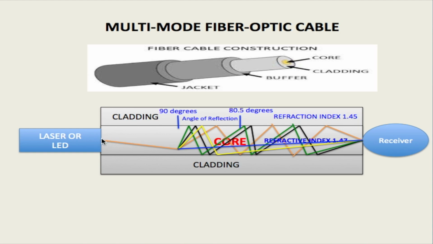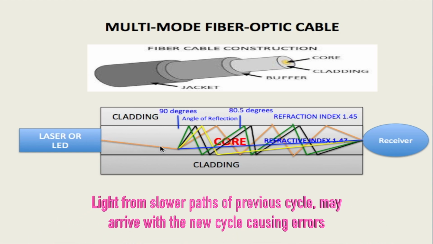So another light pulse may be sent out, and that light pulse will be broken up the same way. But the light pulse on the fastest path may get to the receiver at the same time as light pulses from the previous paths, and this may cause an error. The receiver wouldn't be able to differentiate between what's from one path and the other path.